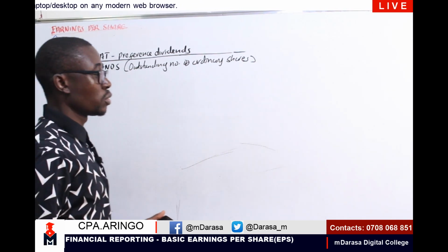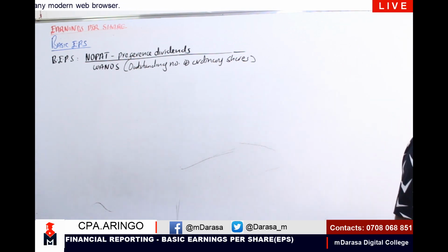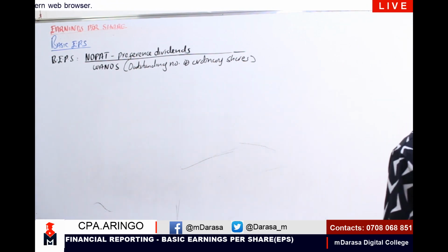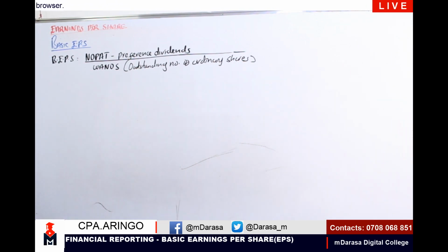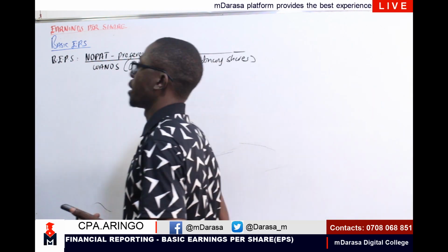We should also be very keen to understand that the weighted average number of ordinary shares is weighted for time factor. That is to say, it basically represents the outstanding number of ordinary shares weighted for time factor.